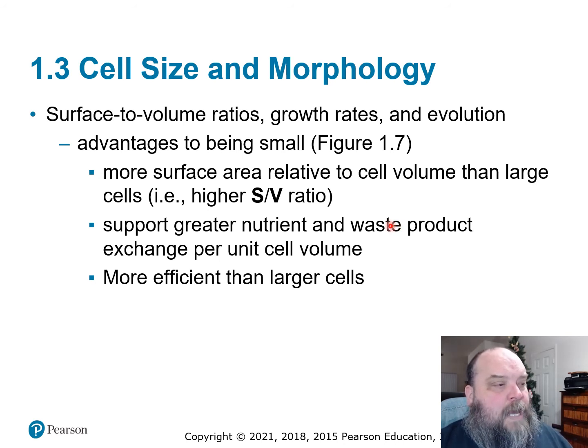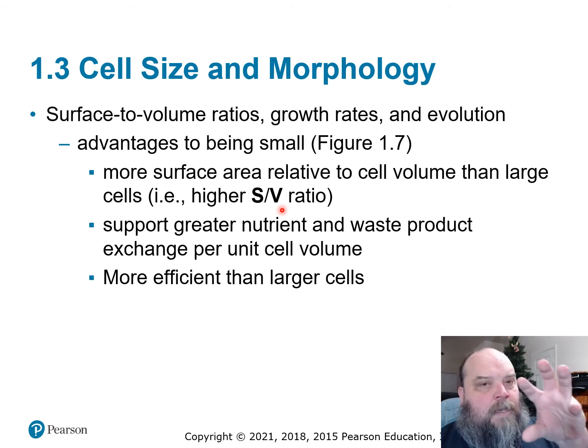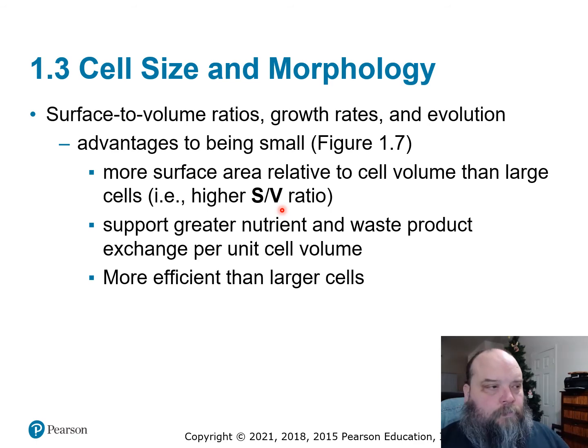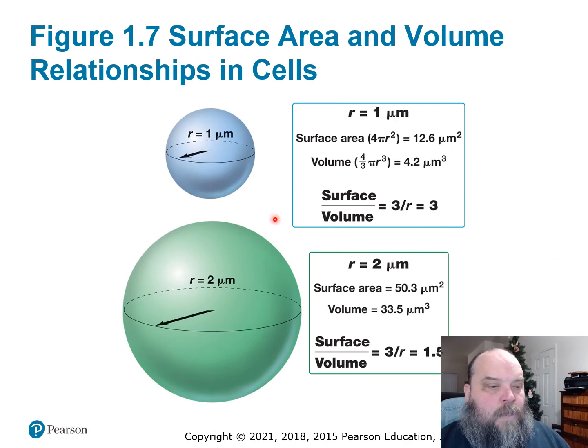But what scientists have figured out is that evolution has selected for smaller cells, because by being a smaller cell, surface area to volume gets maximized. You have one big cell, radius of 2.